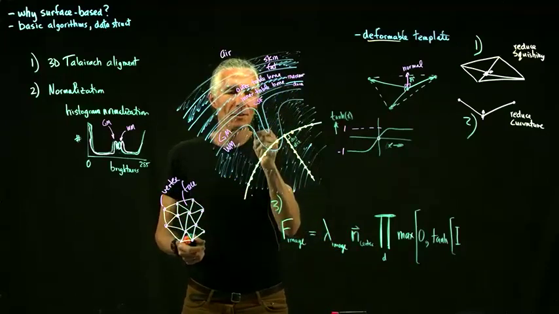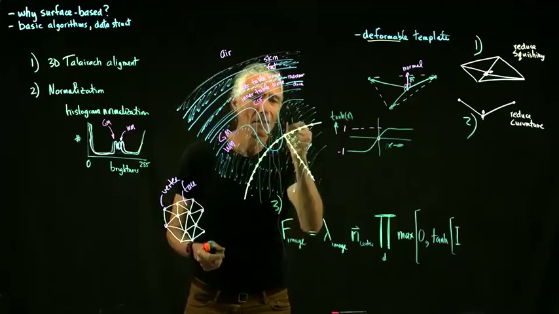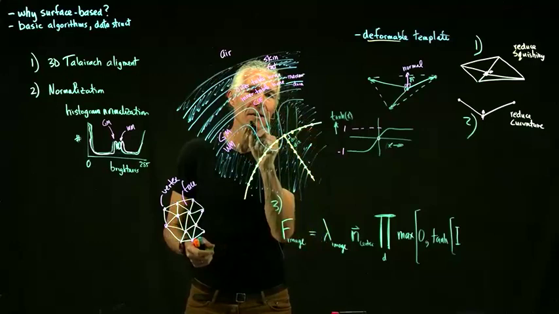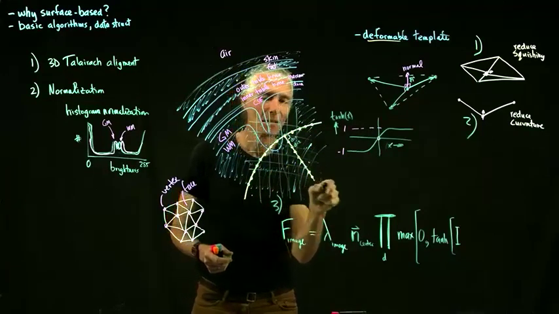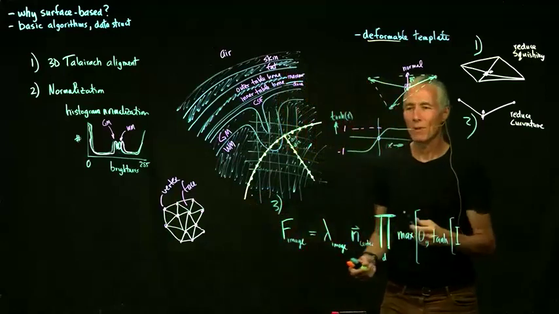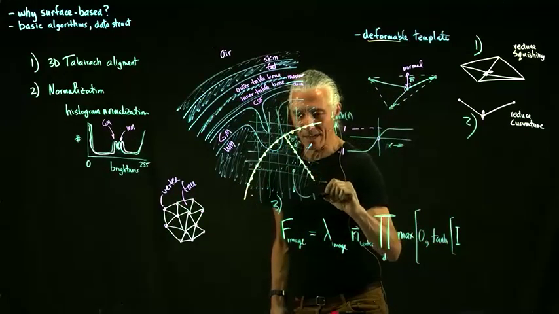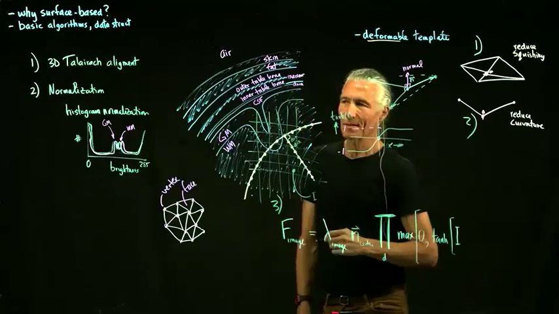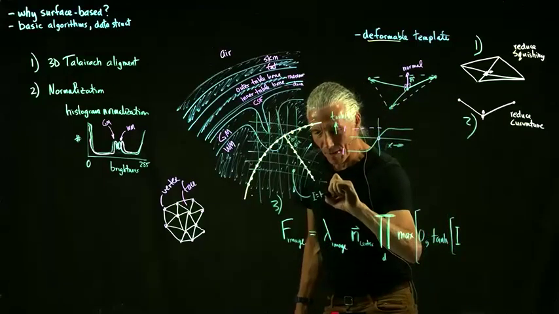So here's the actual voxels now. And each one of those has image data in it, some brightness.